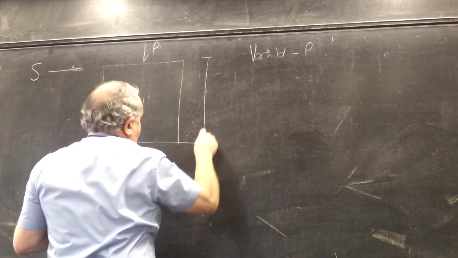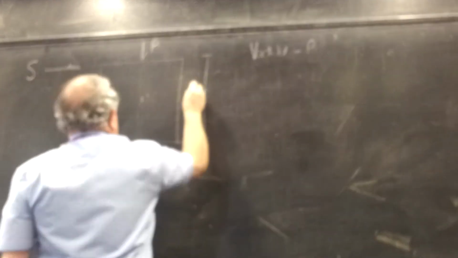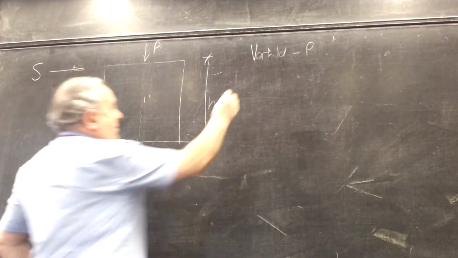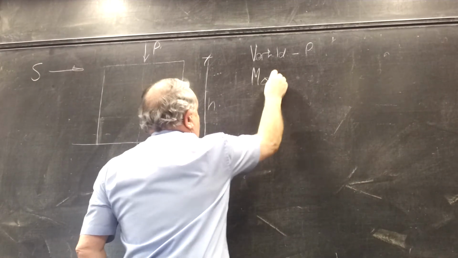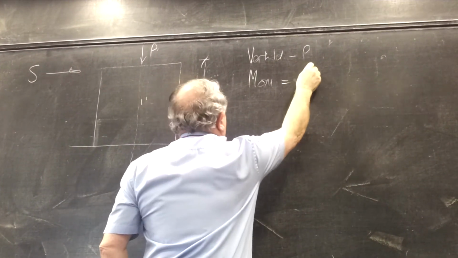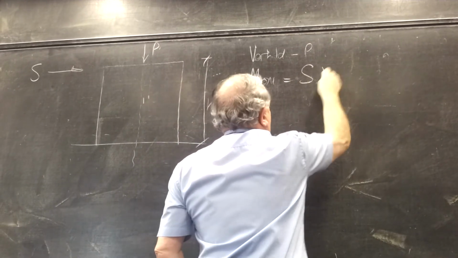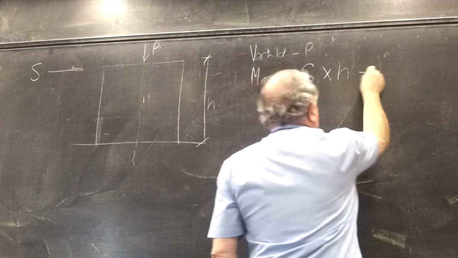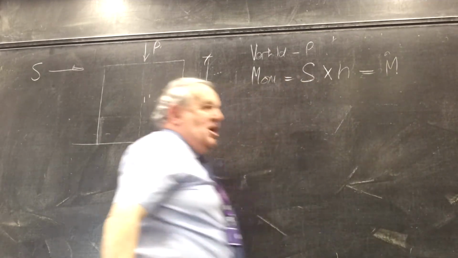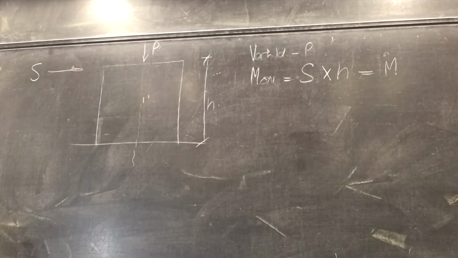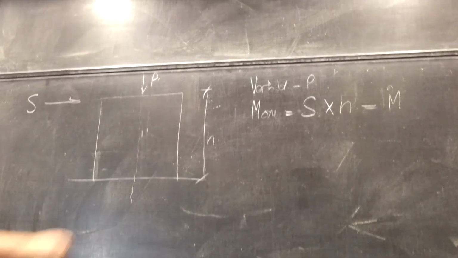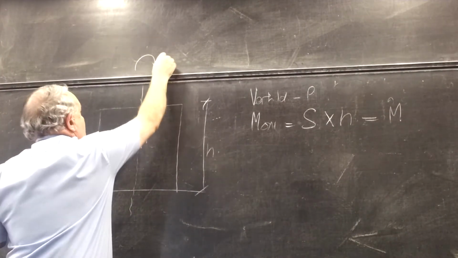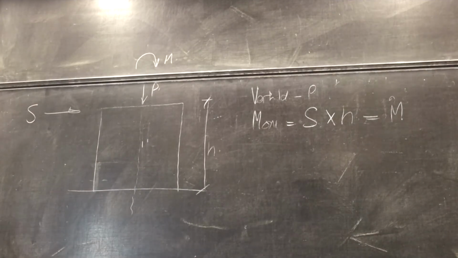And if H is the height of the wall, the overturning moment is just S times H. So we call that M. So it's like saying we've got a P and an M.